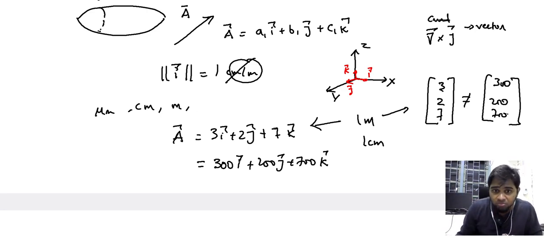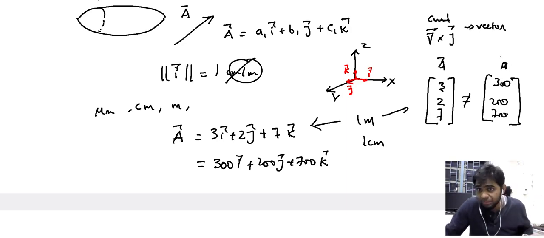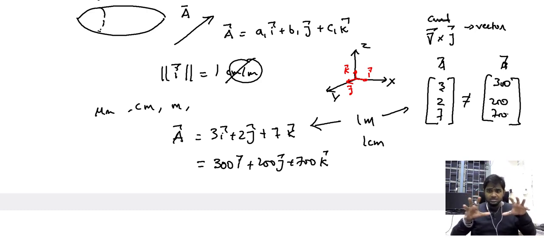When the length scale of the unit vectors is in the range of meters, we have this representation for the A vector. When it is in the range of centimeters, we have the same A vector being represented in this manner. So there is a significant difference in expressing the same vector when we are considering a different length scale.